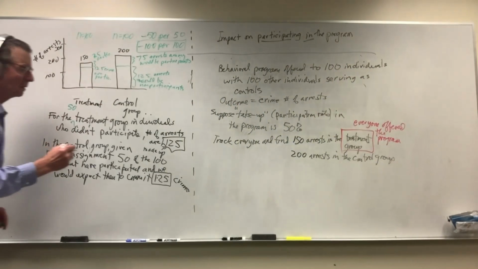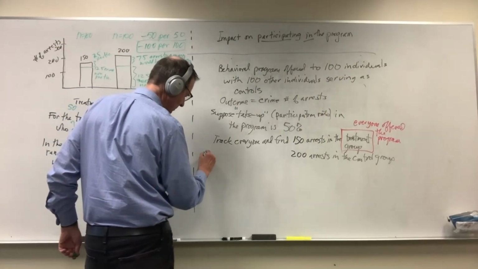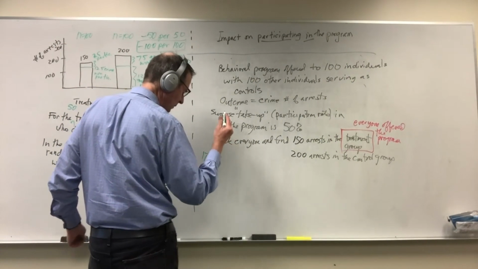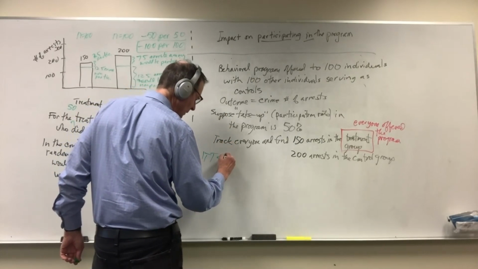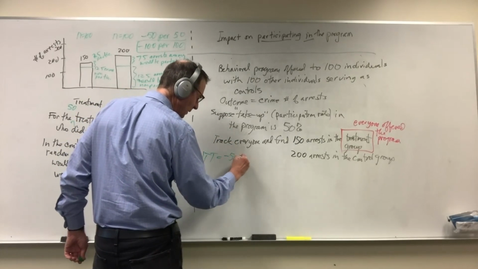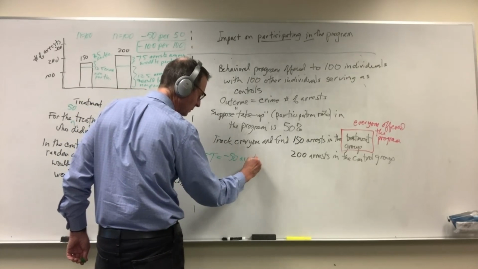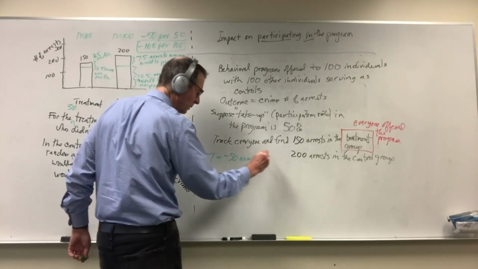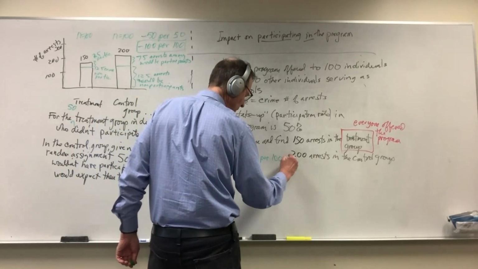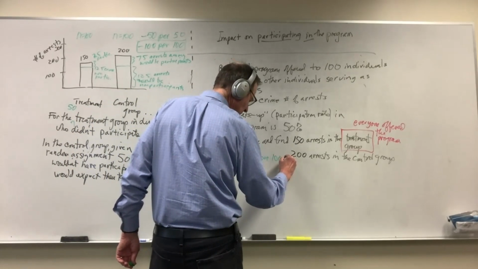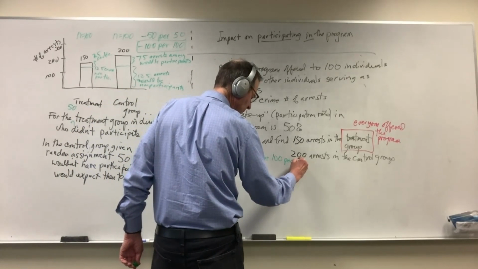So the ITT, the causal impact of this program, is minus 50 arrests per 100 people offered the program.